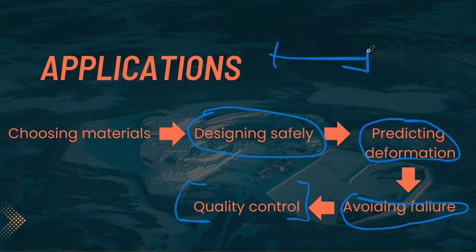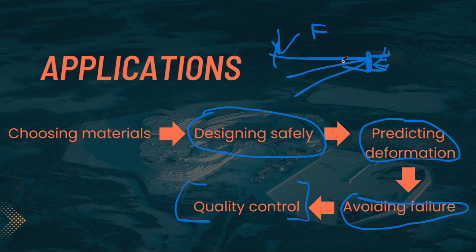In here you can draw a structure like this, and you have conditions here like fixed here, fixed here, and a force here, and the software can show you the bending deformation of this stick.